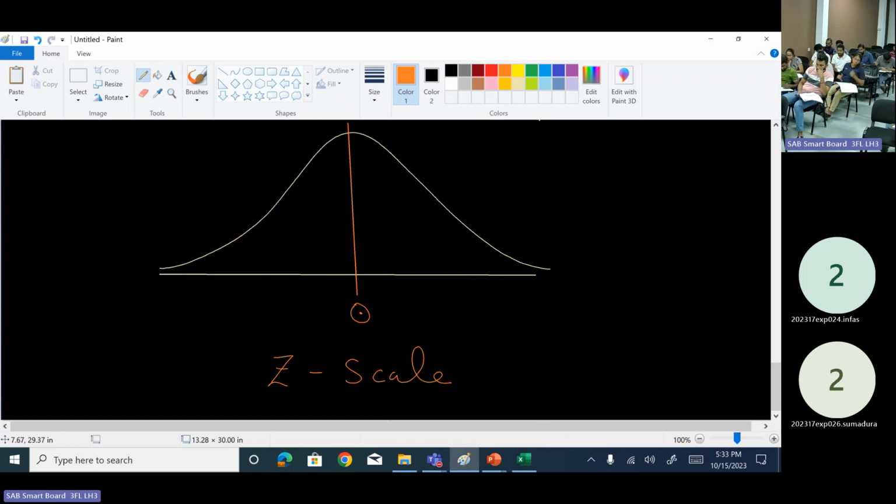The only thing is, instead of mu, we substitute 0, because the mu value is this. This is the Z scale structure, and again the X scale structure. X word and now X scale, Z word and now Z scale. That's it. Z scale structure.